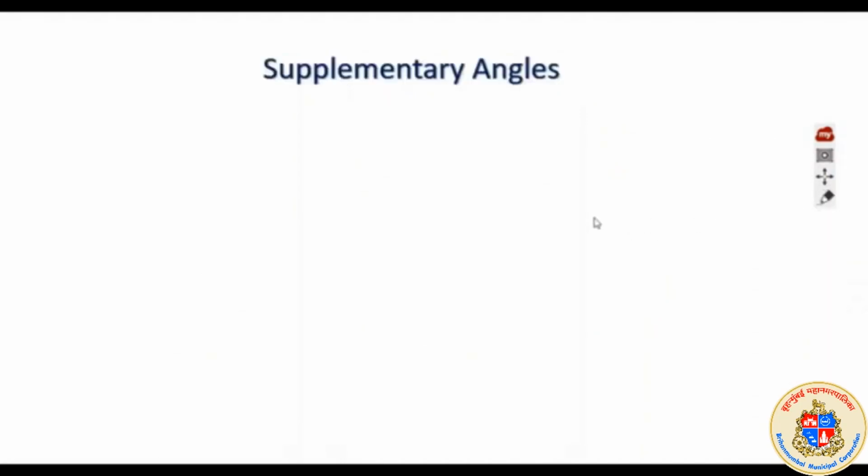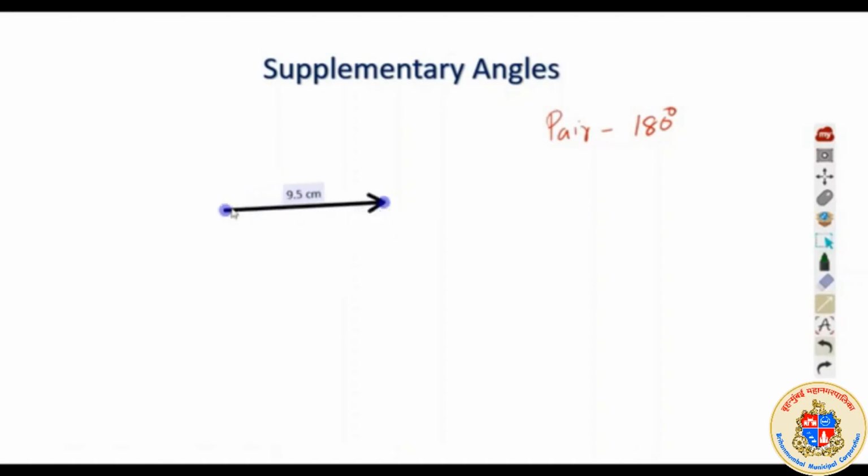Now moving ahead, we studied supplementary angles. In supplementary angles, the sum of a pair of angles is 180 degree. It can be angles in such a way that they look like a straight line, and if we measure at the common origin, it is 180 degree.